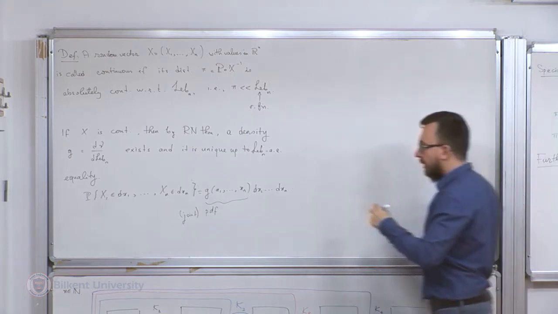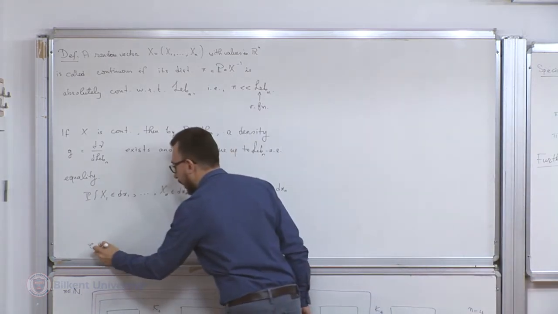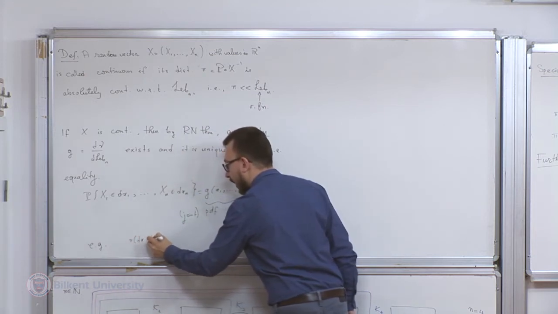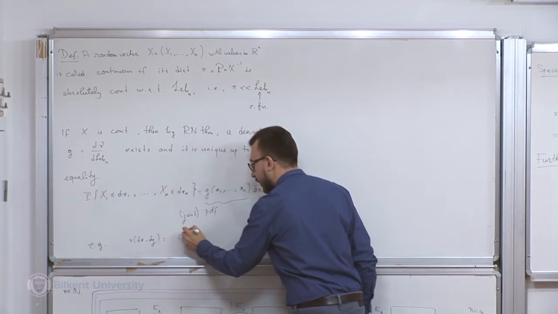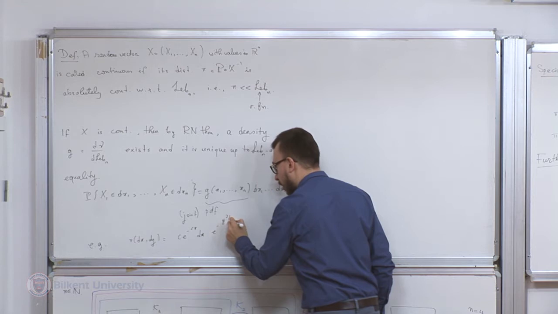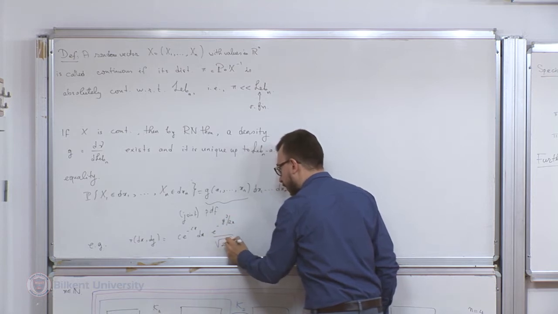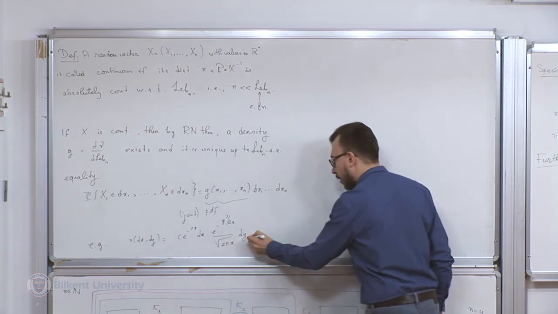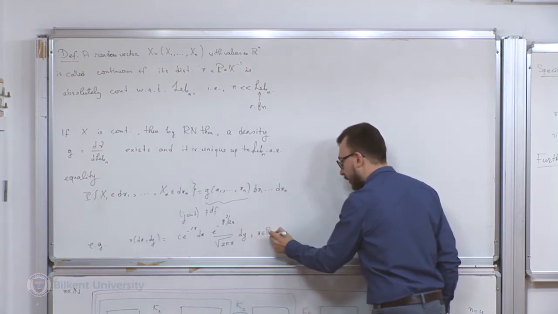For instance, the example that we did at the beginning today, so let's say pi dx dy was given as this. This was an example of a continuous distribution on R2, or let's say R plus cross R.